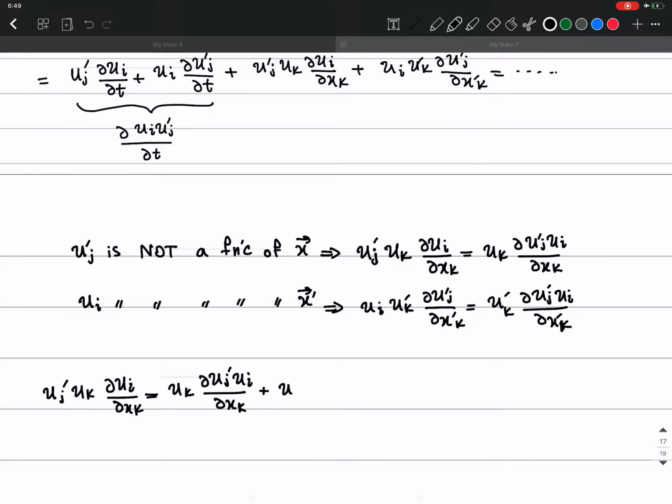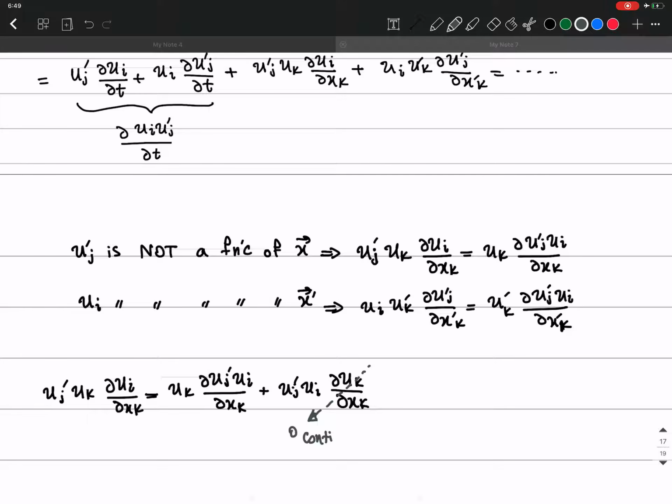It is uj prime ui partial uk over partial xk. Why is this zero? Because of continuity. This is the divergence of velocity, partial uk over partial xk, so it's zero.